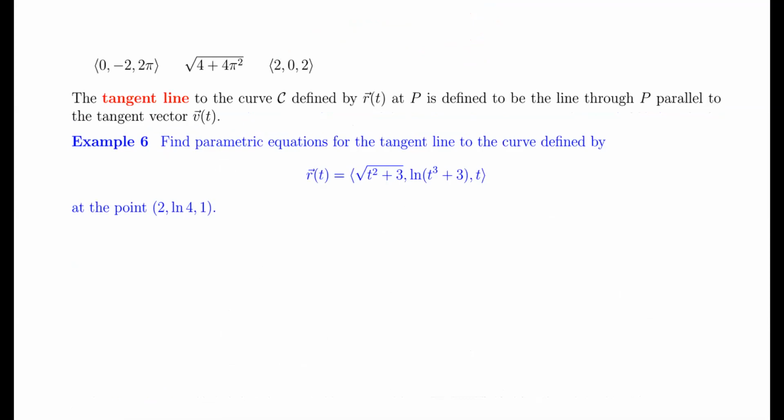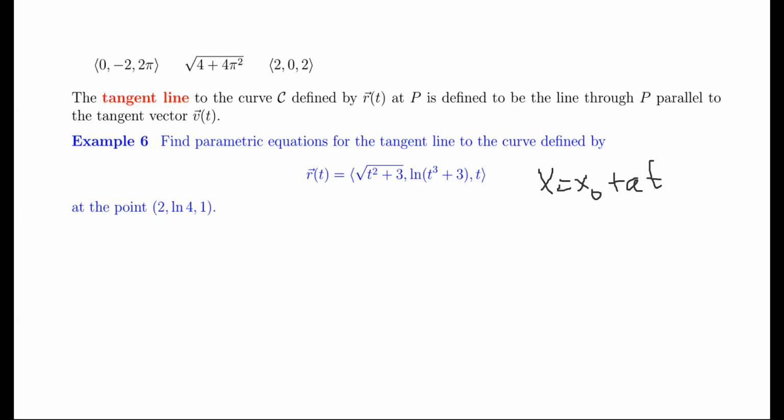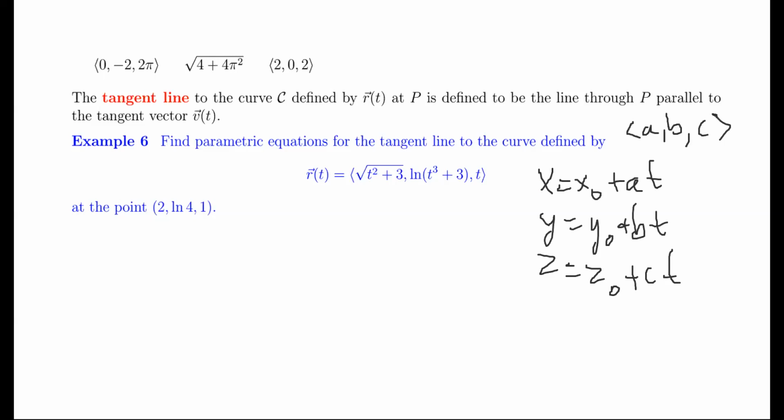So you may want to recall first that we write out the parametric equations for a line as x is equal to x naught plus at, y is equal to y naught plus bt, and z is equal to z naught plus ct, where x naught, y naught, z naught is a point on our line, and the vector a, b, c is a vector that is parallel to your line.